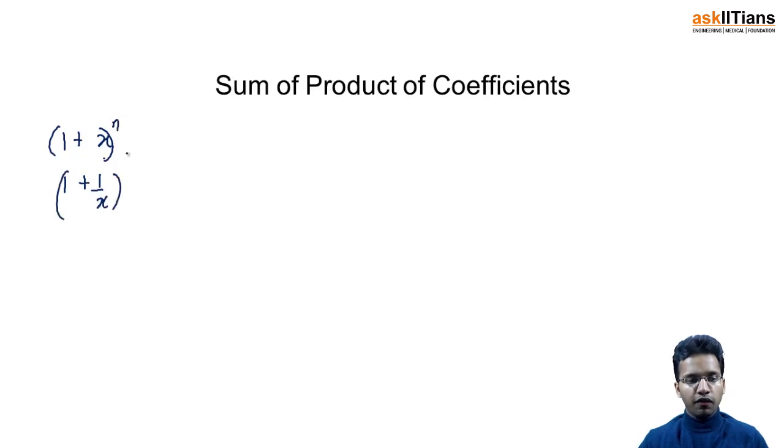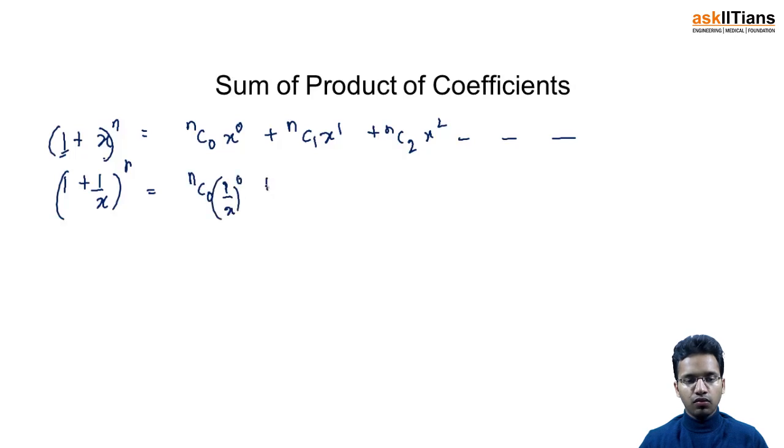Now if I write these two, this will give me nC0 x raised to power 0 plus nC1 x raised to power 1, and I guess you will be comfortable with that. It goes like this. Now this will be nC0 (1 by x) raised to power 0. Again note, this is the main crux here.